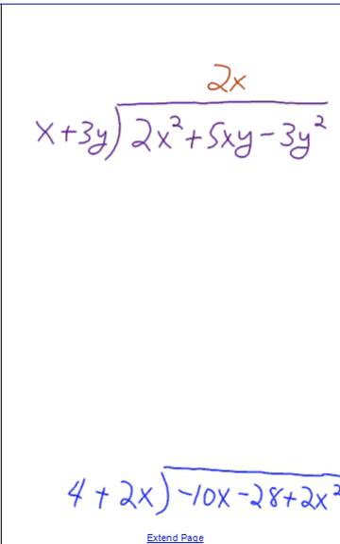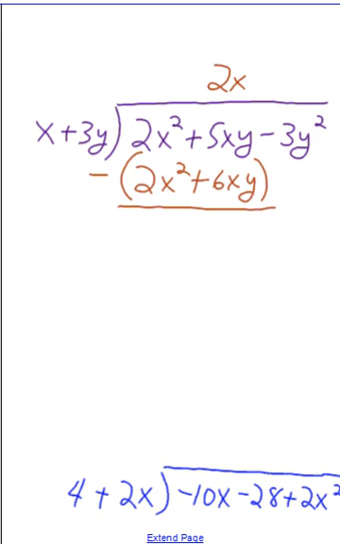Distribute: 2x times x is 2x squared. 2x times 3y is 6xy. Parentheses, subtract. 2x squared minus 2x squared is 0. 5xy minus 6xy is negative xy. Everybody agree? Bring down the minus 3y squared.